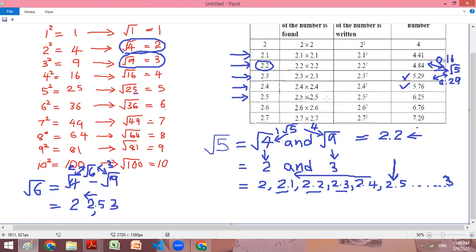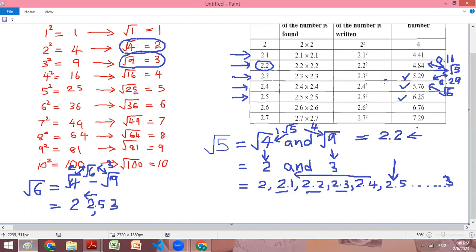Next one, 2.5 into 2.5, 6.25, close. We want to find the square root of 6. The difference between 5.76 and 6 is 0.24.